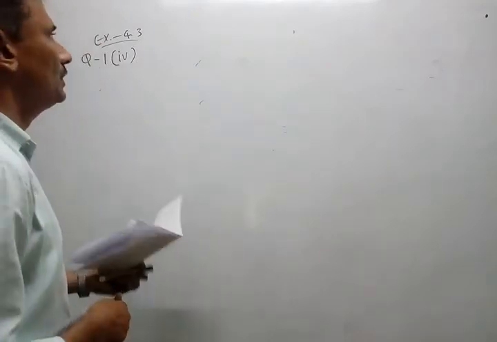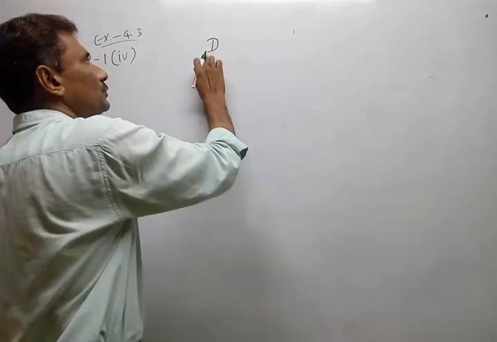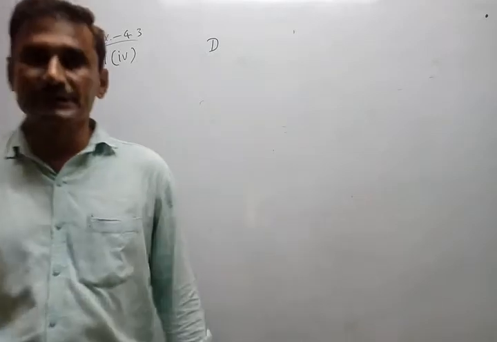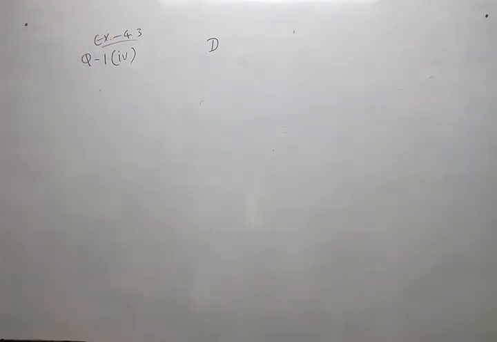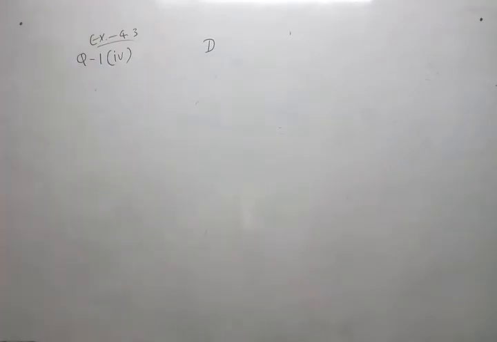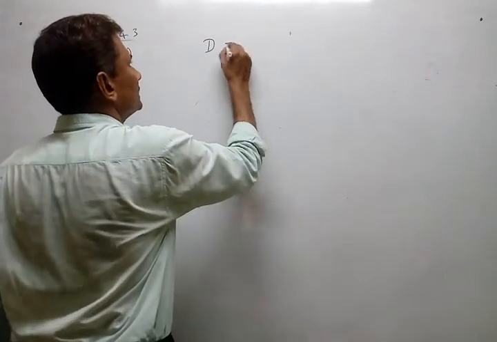In this one, first of all, every time you have to find D, capital D, which is for discriminant. Its formula is b square minus 4ac. b square minus 4ac. This is the formula of the discriminant.